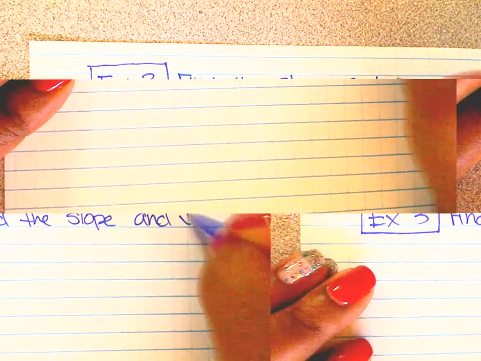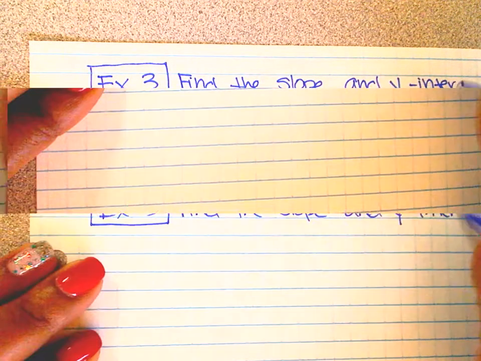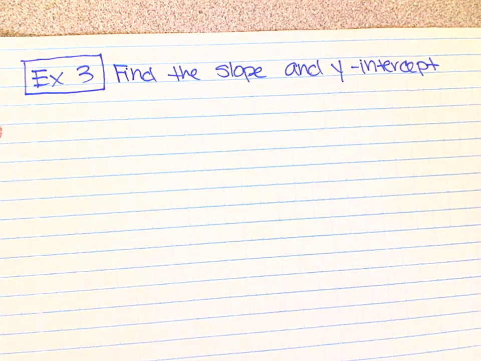Find the slope and y-intercept. Okay? So, we know what slope-intercept form is because they're asking us for the slope and the y-intercept.